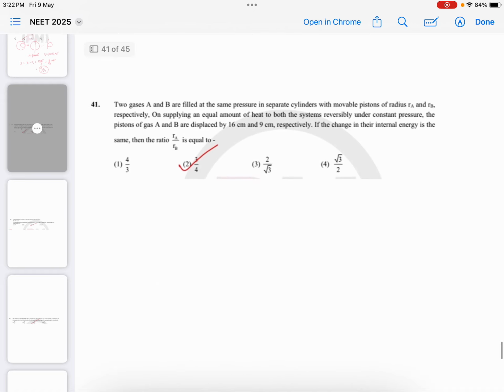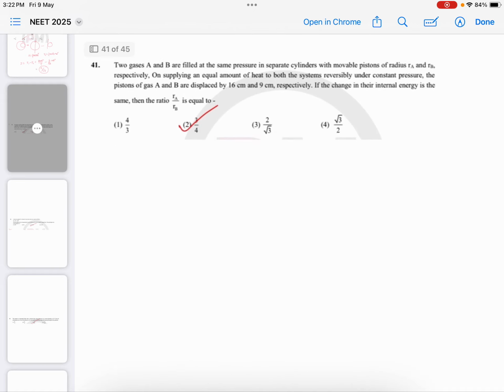Next question. Two gases are filled at the same pressure, separated by a cylinder with a movable piston, of radii RA and RB respectively.